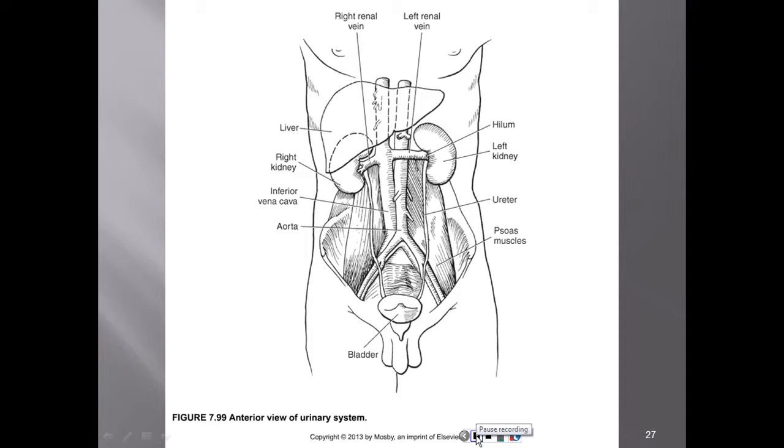A good depiction of this is figure 7.101, coronal midsection view of the kidneys. It gives a great illustration of how the kidneys lay in the perirenal fat that surrounds it, and the adrenal glands that sit on top of the kidneys.